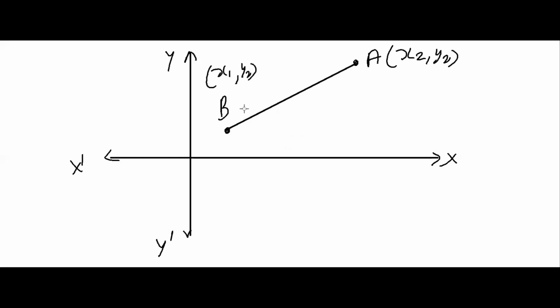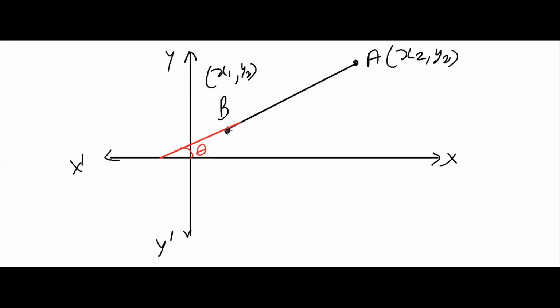I need to find the slope of this particular line. So how will I find the slope of this line? I can extend this line like this, and then I can say that this is theta.